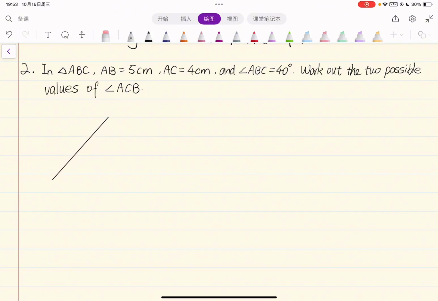We have AB, it's 5 centimeters. Now we know AC is 4 centimeters. And you know the angle ABC equals 40 degrees.